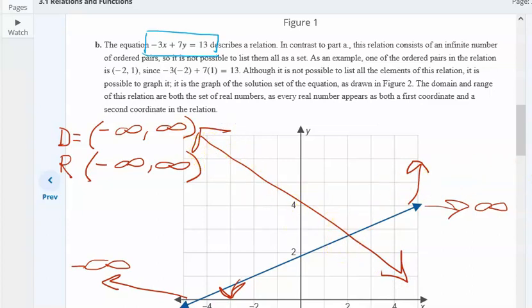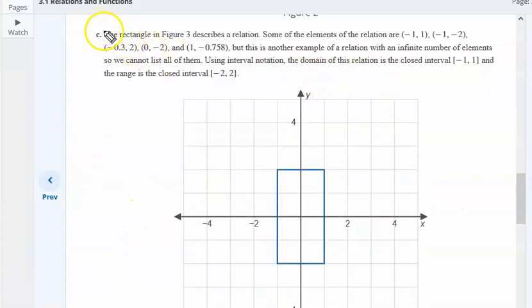And just to add a little bit to it, if we had a horizontal line, the domain would be from negative infinity to positive infinity, although the range now would just be the one value 4 here. And I believe they use giving it as a set of numbers. Here this is in interval notation, this is in set notation.